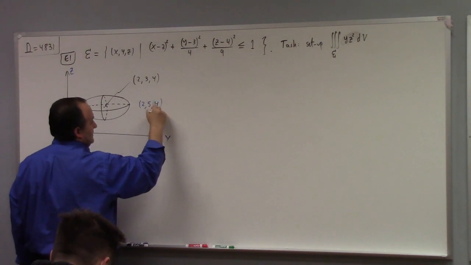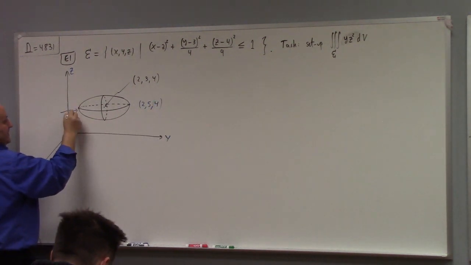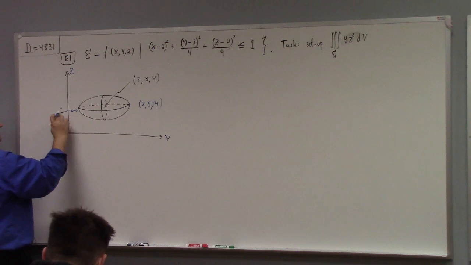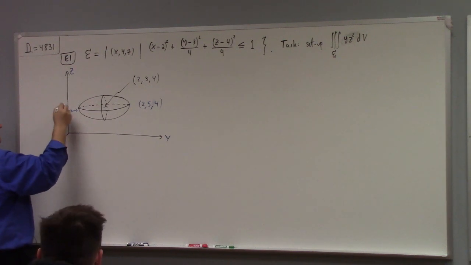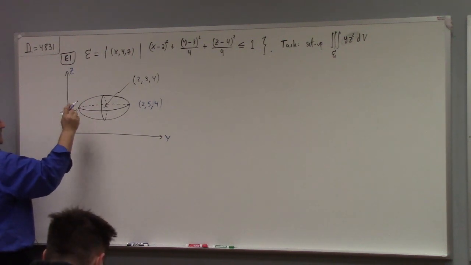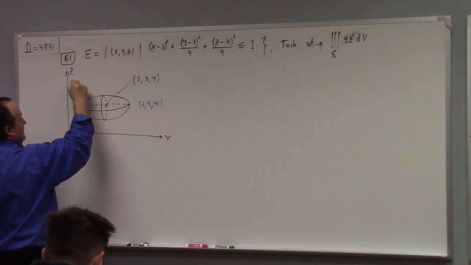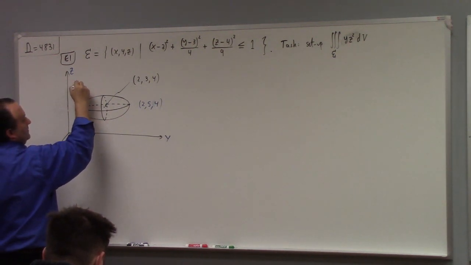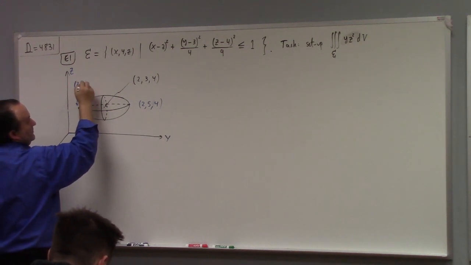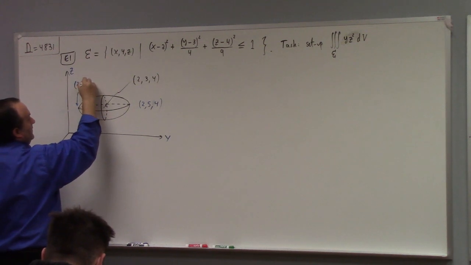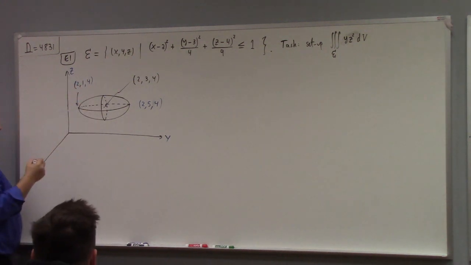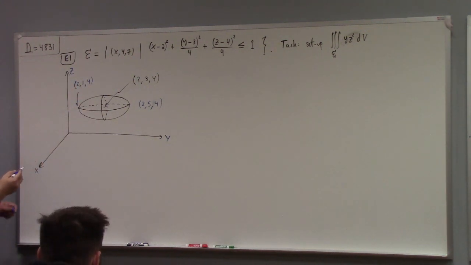Because that's in the plane of the center. On the other side, we've got 2, 3 minus 2, which is 1, 4. Is that what you told me? All right, so we've got those 2 points.